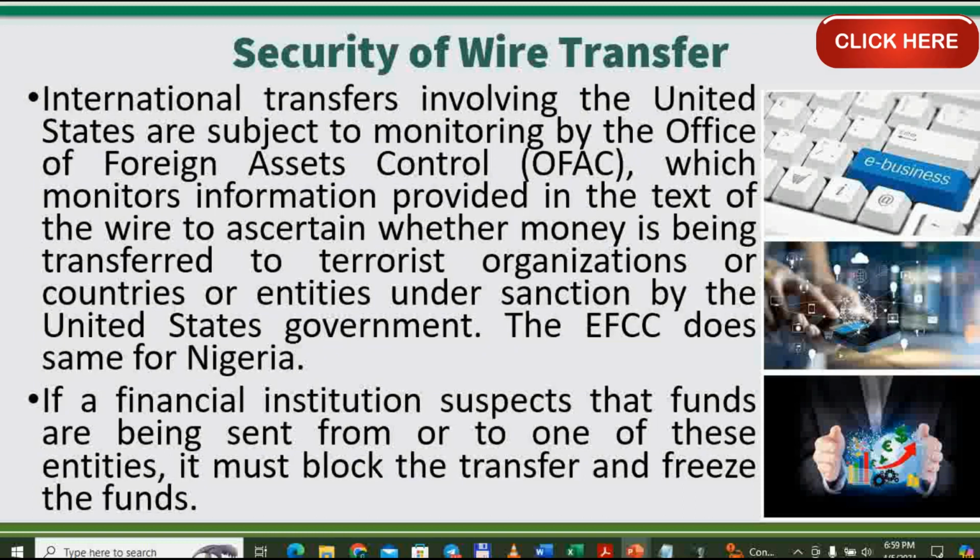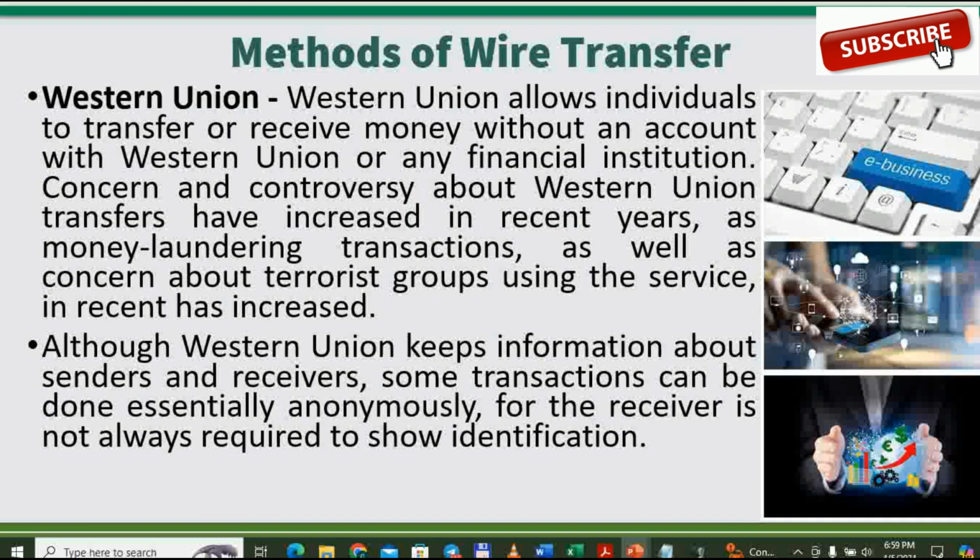Now, what are the methods of wire transfer? We have Western Union, which allows individuals to transfer or receive money without an account with Western Union or any financial institution. Although Western Union keeps information about senders and receivers, some transactions can be done essentially anonymously, for the receiver is not always required to show identification.